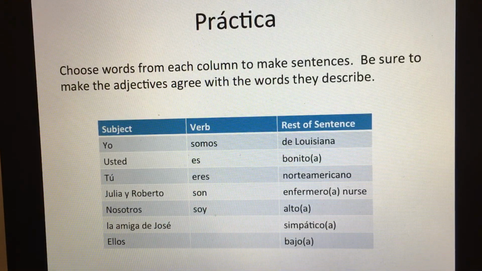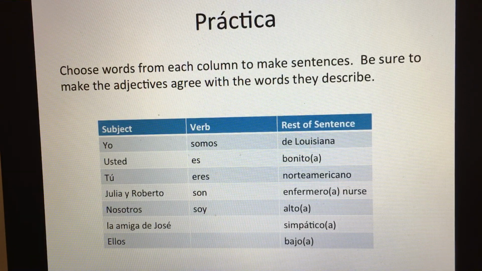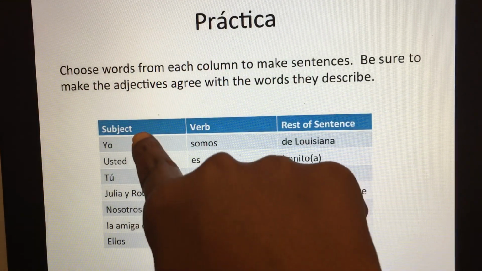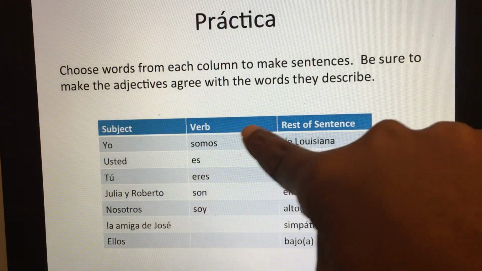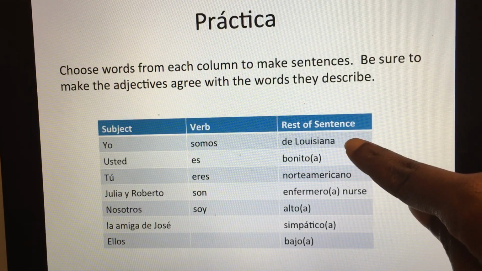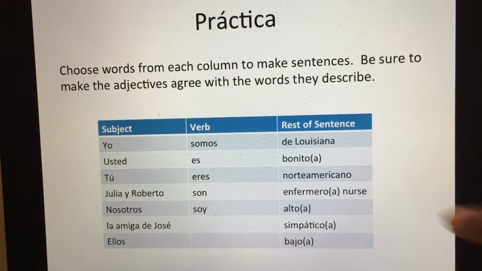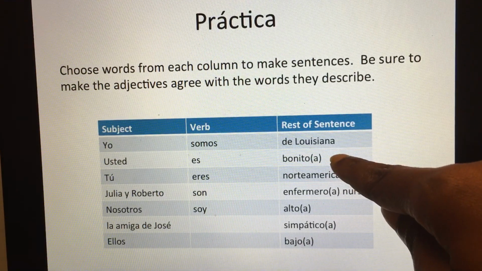Now, let's continue practicing. Choose words from each column to make sentences. The first column, these are your subjects. The second column, verbs. And then the last column, you're going to use to finish out the sentence. Be sure to make the adjectives agree with the words they describe. For instance, this is an adjective.